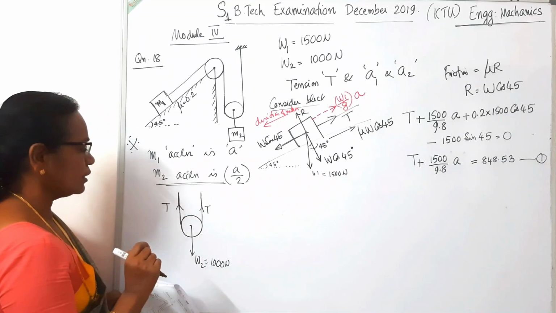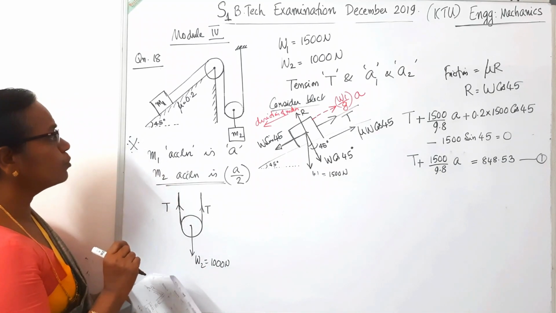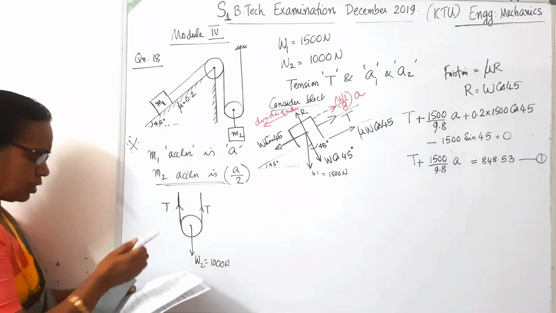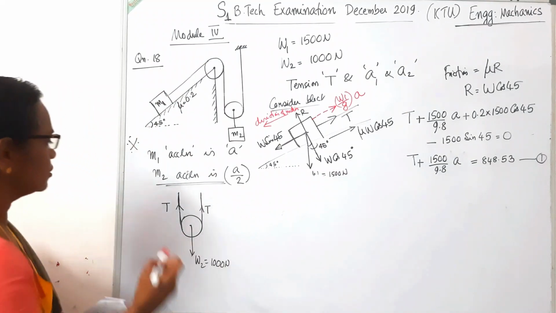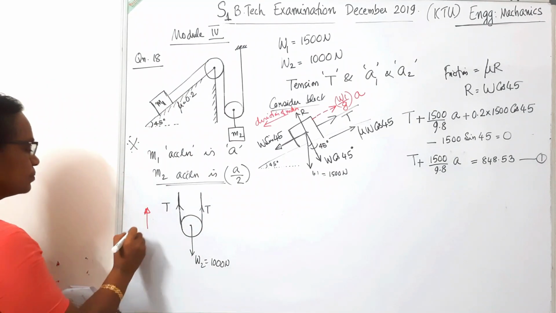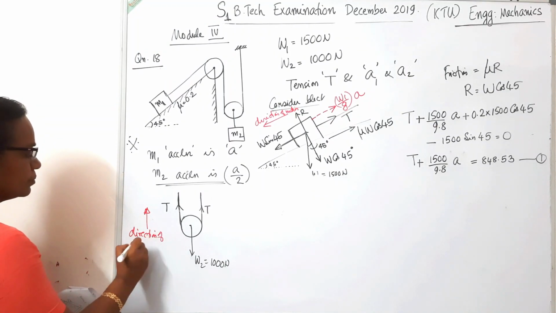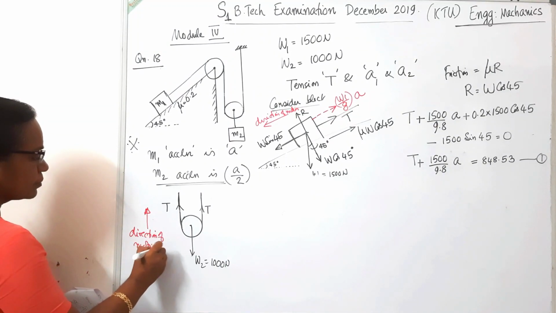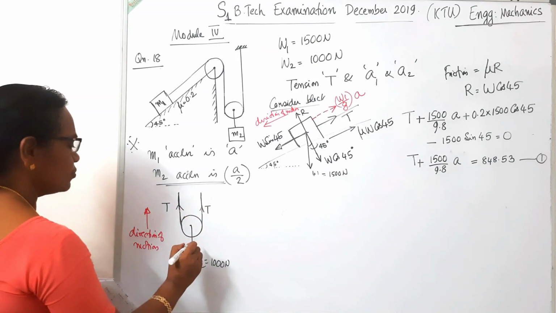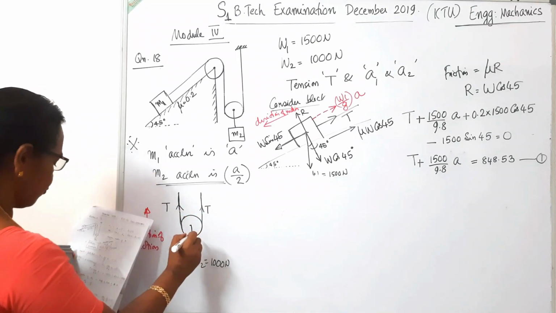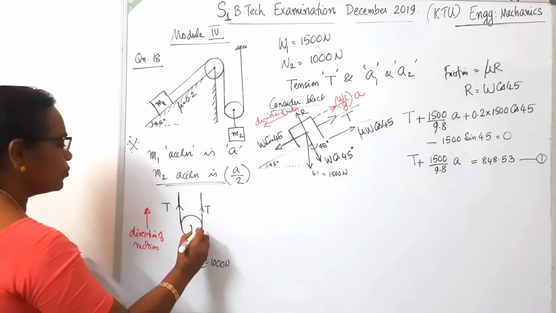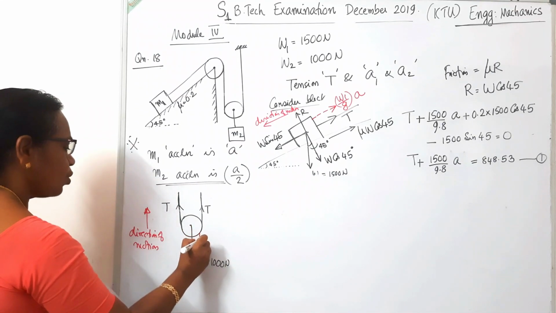The self-weight acts here. Then what is the direction of motion? It gets lifted up, so this is the direction of motion. Together with these external forces, we apply an inertia force opposite to the direction of motion.